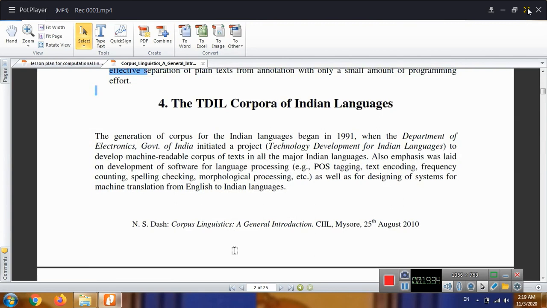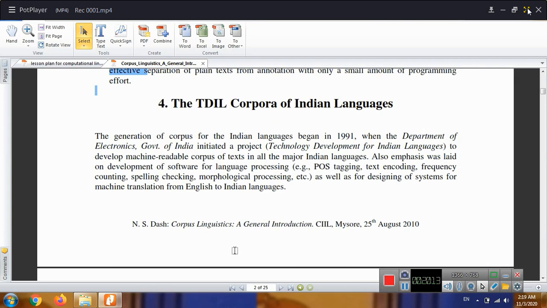Another paragraph which is not important is TDIL corpus for Indian languages. The generation of corpus for the Indian languages began in 1991 when the Department of Electronics of India initiated a project whose name was Technology Development for Indian Languages, to develop machine readable corpus of text in all the major Indian languages.